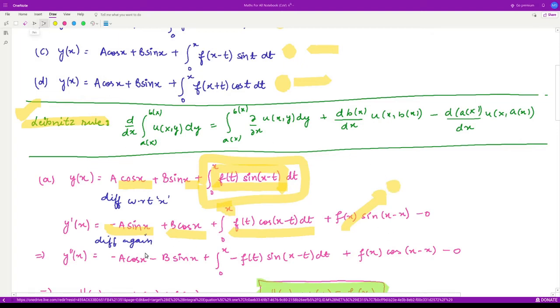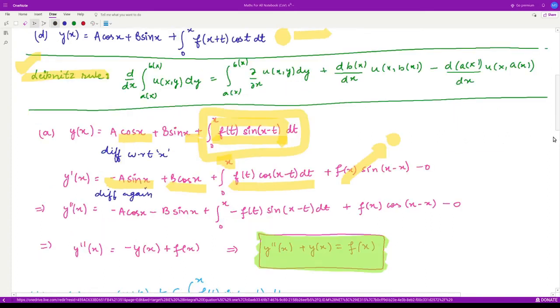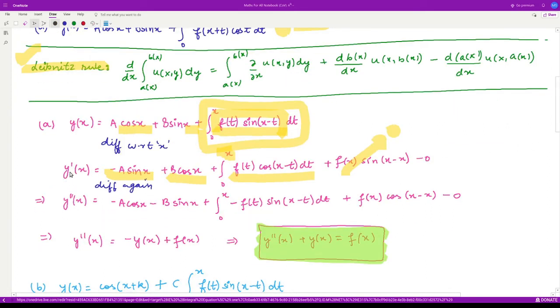So we can differentiate again to form the second order differential equation. It would be y double dash x. The derivative of sin x would be simply cos x, minus sin x, and the integration from 0 to x. Now the derivative of this term with respect to x would be f of t as such. The derivative of cos of x minus t would be minus sin of x minus t, and then the derivative of the upper limit with respect to x would be 1, into f of x into cos of x minus 0.